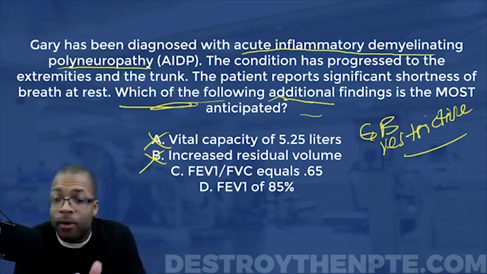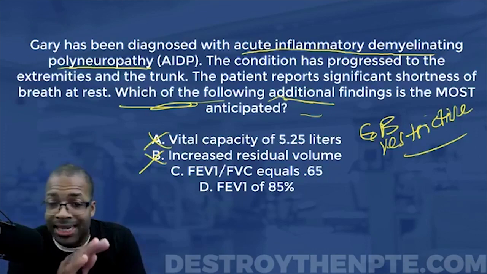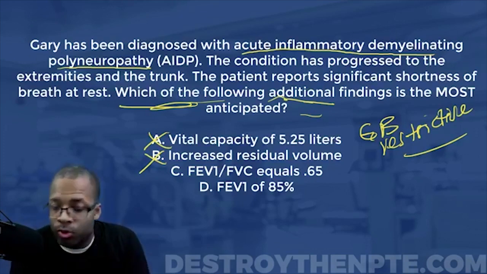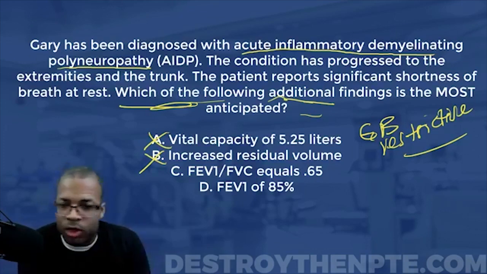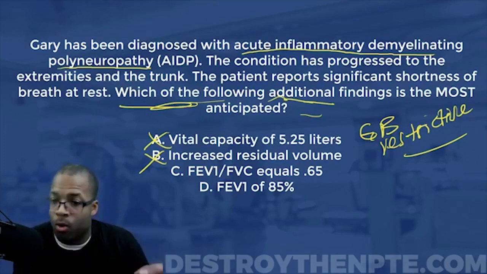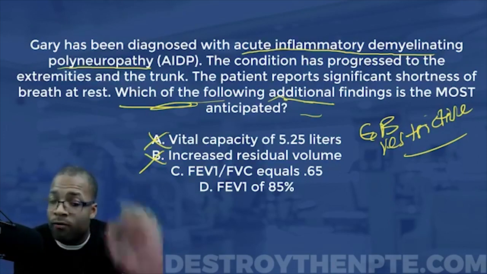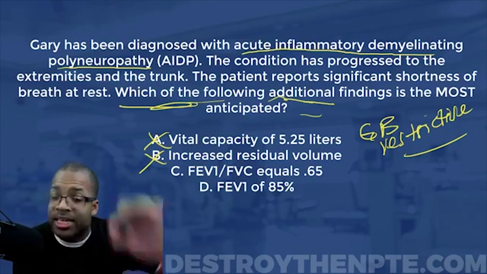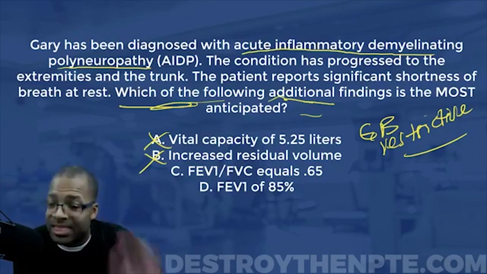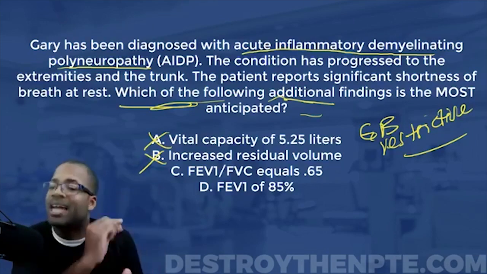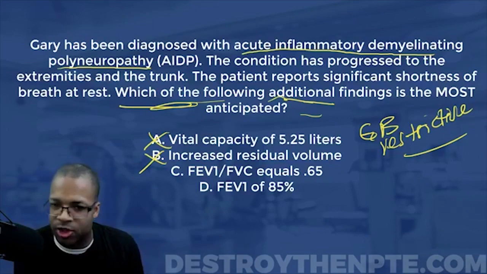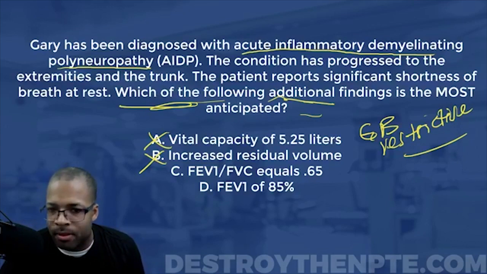Well, we know from literature, if you grab your Ellen Hillegass book and look at restrictive and obstructive lung conditions, you know that FEV1 over FVC, if it is less than 0.70, is characteristic of an obstructive condition, hands down. So if FEV1 over FVC is less than 0.70, it's obstructive.